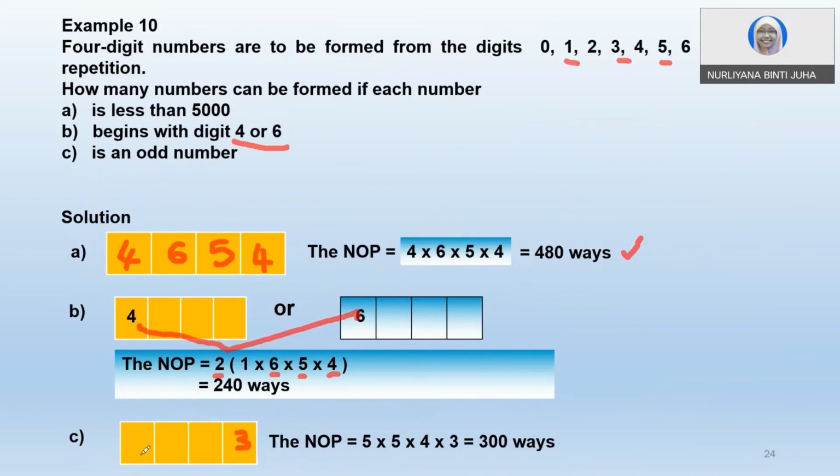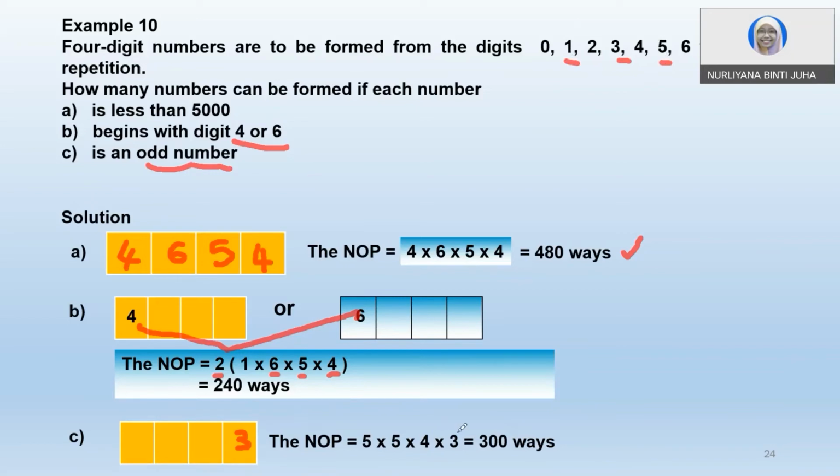So kalau tadi kita start filling the first box, now you start with the last box. Sebab dia bagi hint odd number. Macam mana kita tahu nombor tu odd number? Bila digit yang belakang sekali tu bermula dengan nombor ganjil lah. 1, 3 atau 5. So ada 3 option. That's why you have 3.